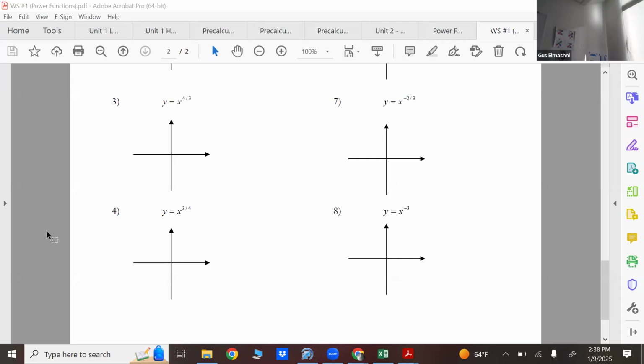Because whenever you have a negative exponent, it's going to be like a rational function. Now here's the deal. If I plug in negative numbers, is the result positive or negative? Positive. It looks like that because you have to guarantee a positive outcome. Here, it's gonna be this, and then this.